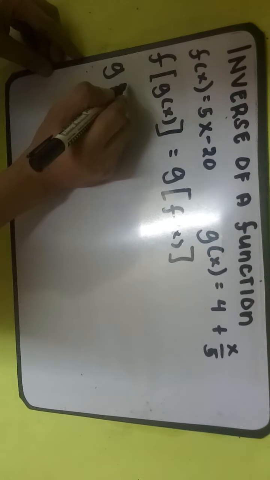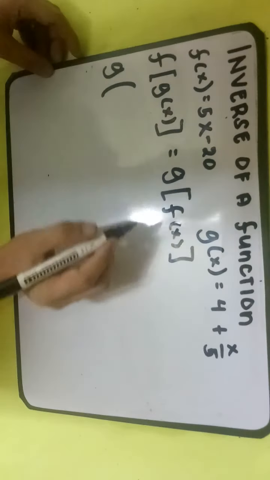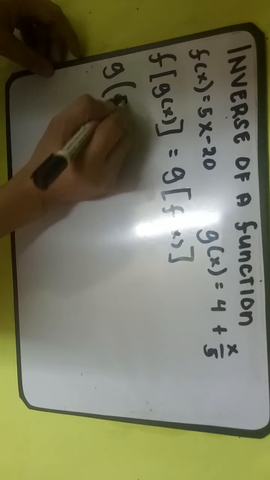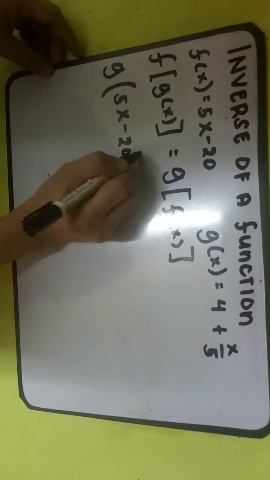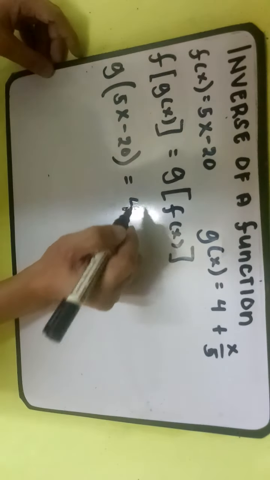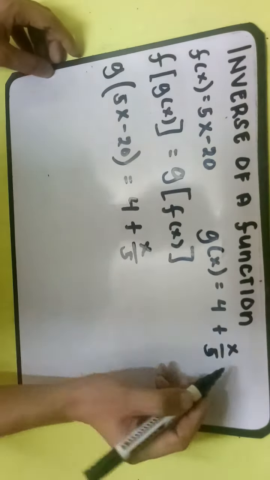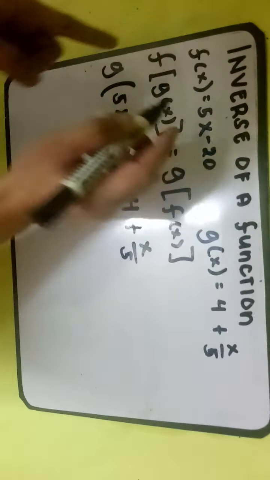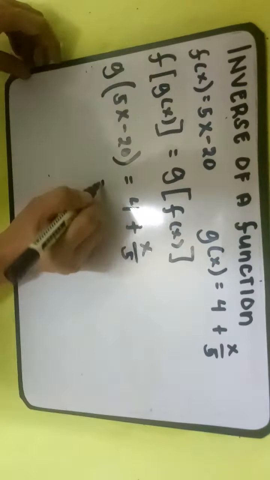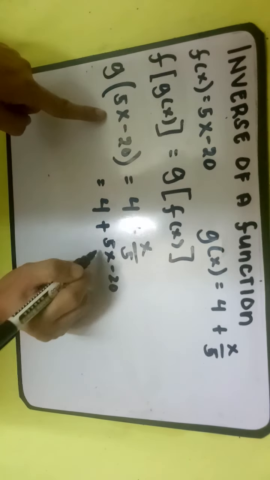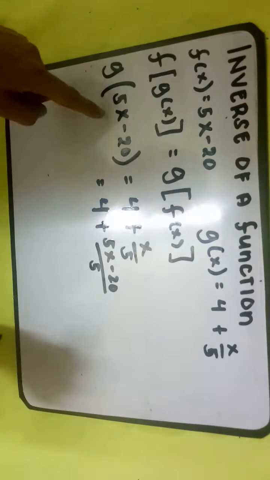Kopyahin lang natin yung g of x, which is 4 plus x over 5. Yung x naman dito, ang papalitan natin ng equivalent value ni f of x. So, that is 4 plus, instead of x, palitan natin ng 5x minus 20 over 5.